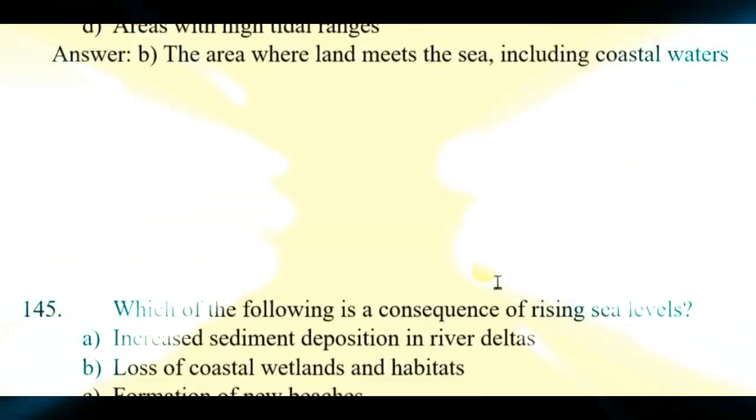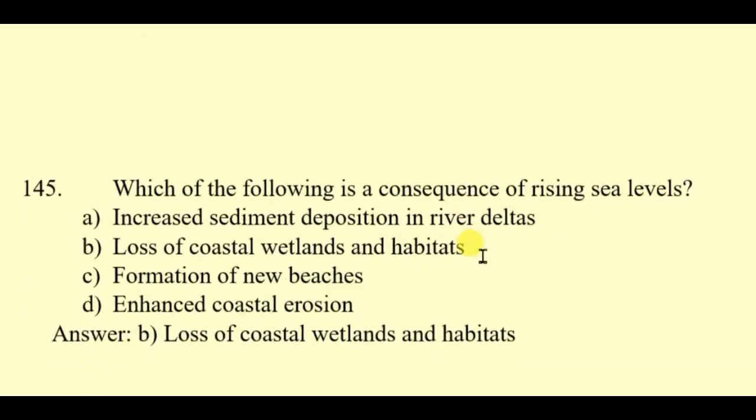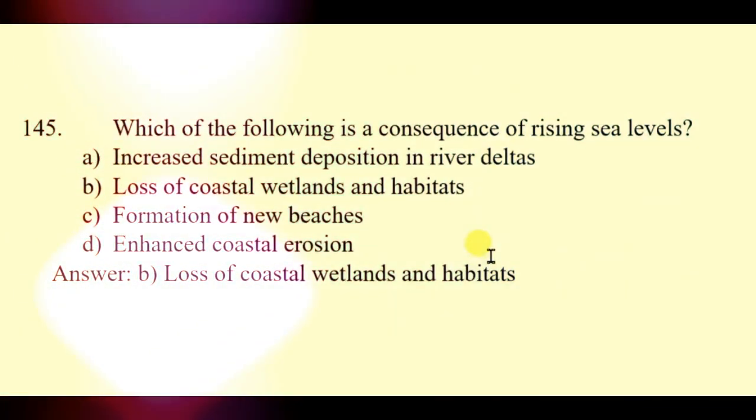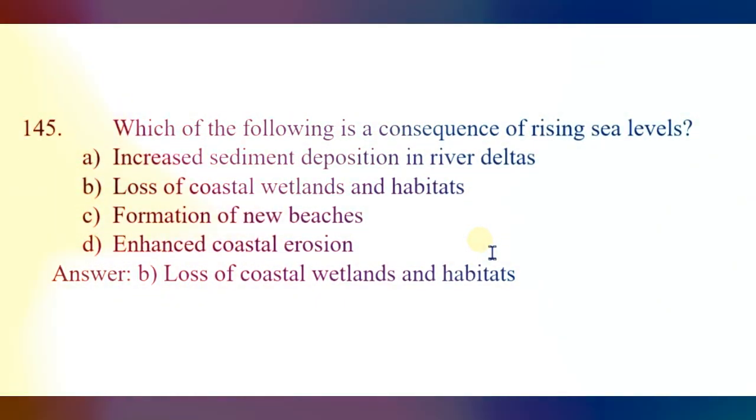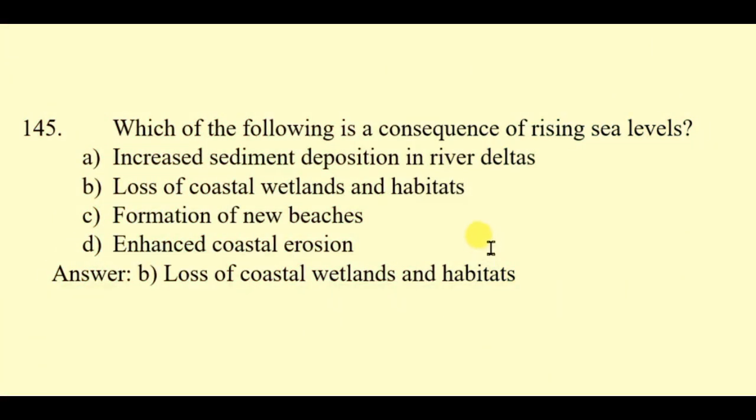It's called as coastal zone. Question 145. Which of the following is a consequence of rising sea levels? Increased sediment deposition in river deltas, loss of coastal wetlands and habitat, formation of new beaches, enhanced coastal erosion. Here the right answer will be loss of coastal wetlands and habitats.